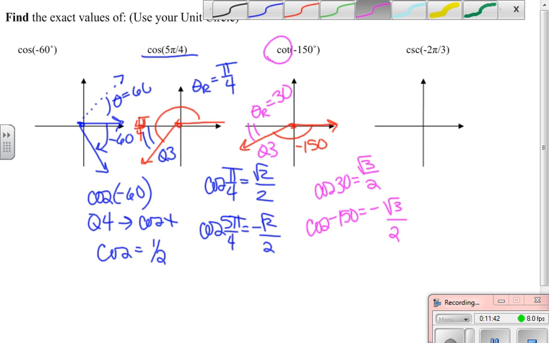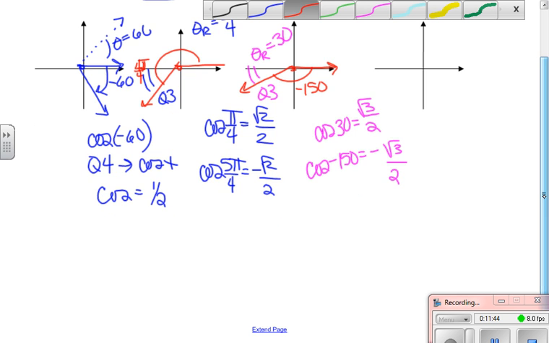If we're finding cotangent, the tangent of 30, do a little extra work there, the tangent of 30 is square root of 3 over 3. That's in quadrant 1. In quadrant 3, the tangent is also positive.